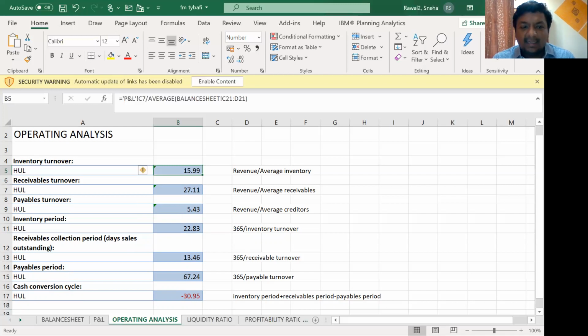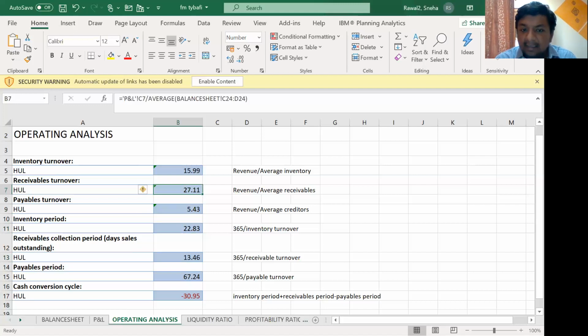Next one is receivables collection period. That is 365 divided by receivables turnover. That is 365 divided by 27.11. The number of days turns out to be 13.46.